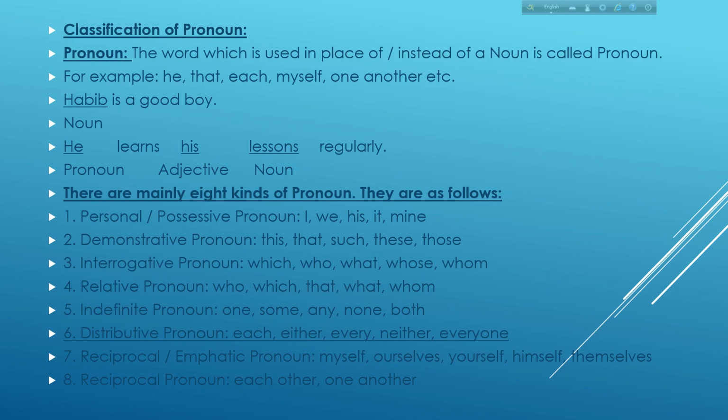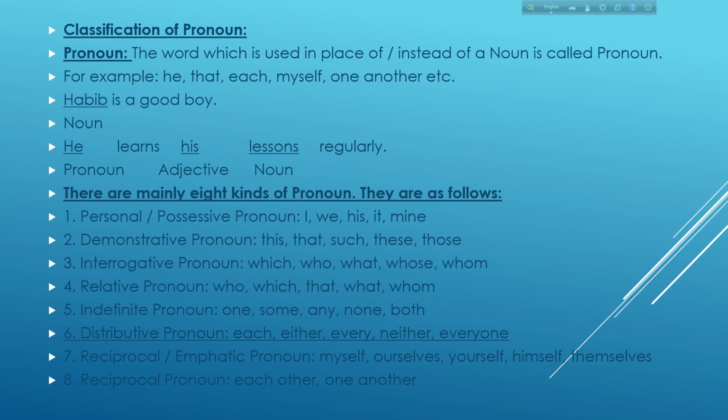Now the pronoun, and after pronoun we will also discuss adjective today. So what is a pronoun? A pronoun is a word which is used in place of a noun. For example, he, that, it, myself, one another, etc. Habib is a boy.